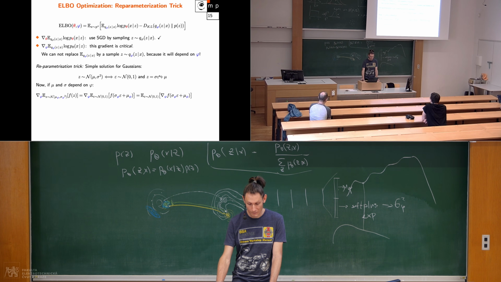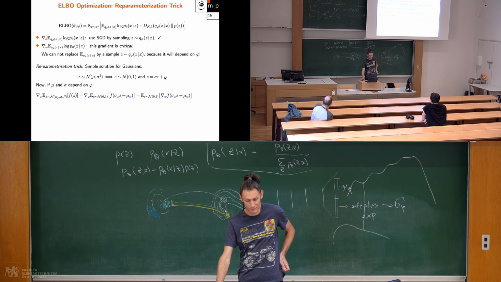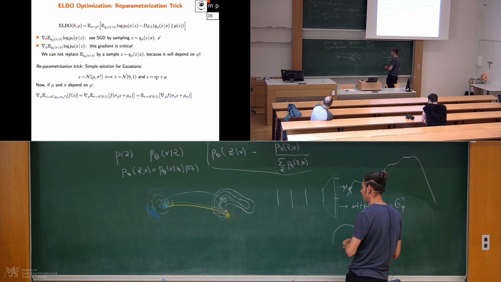These are outputs of the encoder, mean and sigma, and they depend on the parameters of the neural network constructing them.